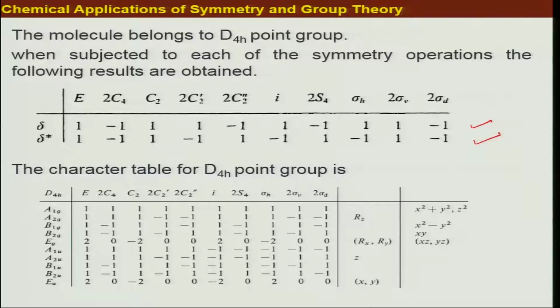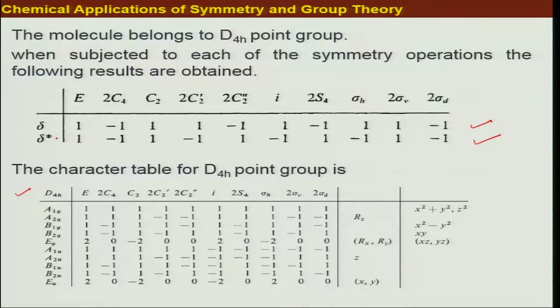All right. Now we have to consult the character table of the D4h point group. Any standard book will give you the character table of all the point groups. Here we are giving you the character table of D4h. If you compare this representation with the character table, you can find out which irreducible representation delta belongs to and to which representation the delta star orbital belongs.